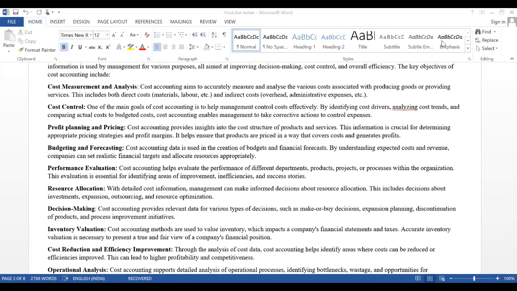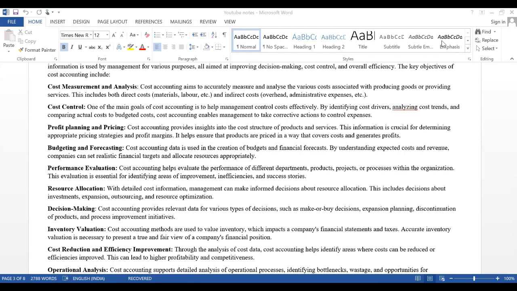Next is budgeting and forecasting. Budget or forecast is nothing but what you do? You plan. Forecasting is planning, right? You're planning for something based on maybe historical data. Based on the historical data, like we have spent 10,000 on that particular product, I'm forecasting that this month I may incur maybe an extra 2,000 as labor because of some crisis in the labor.